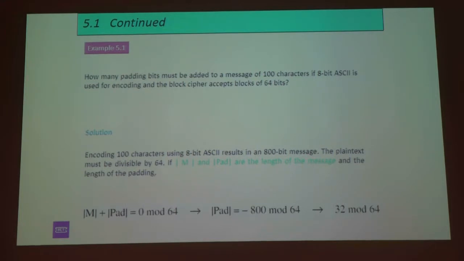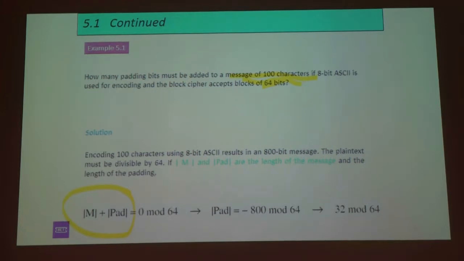Here the example says that if you have a message of 100 characters of 8-bit ASCII, and the block size is 64, how much padding do you need? Basically, the length of the message plus the length of the pad has to be 0 mod 64.